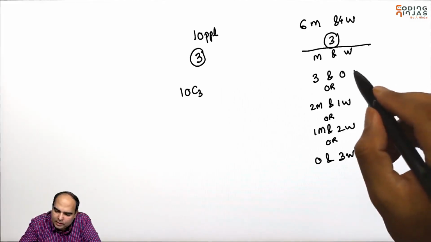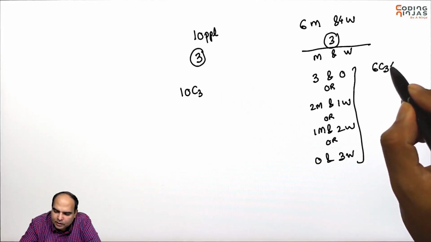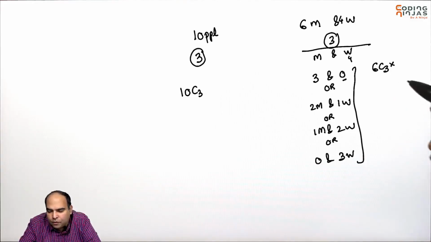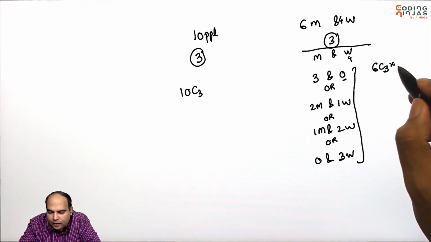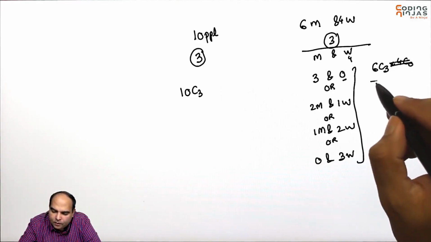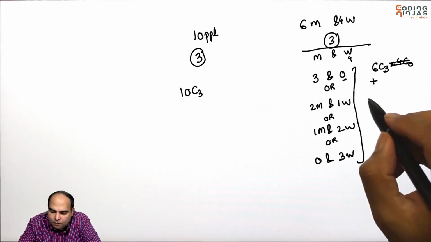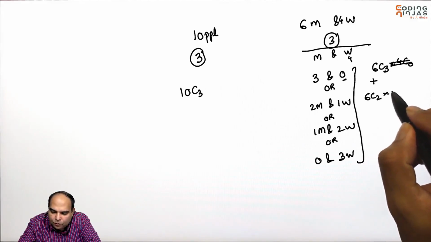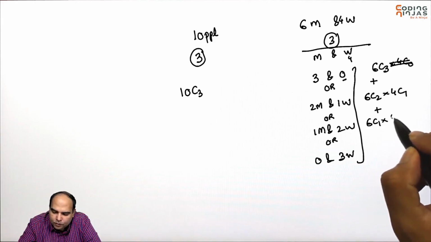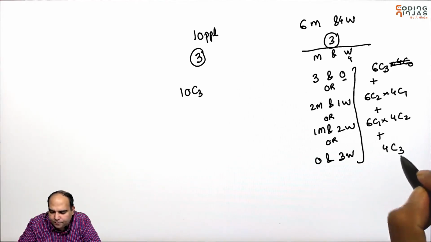So what you will see in this scenario, if you list all the committees, the committee listing will also be 6C3 into 4C0, but the 4C0 form you don't need to write. So even though you visualize it, you actually should not write it. Plus, because nC0 is always 1, plus 6C2 into 4C1 plus 6C1 into 4C2 plus 4C3.